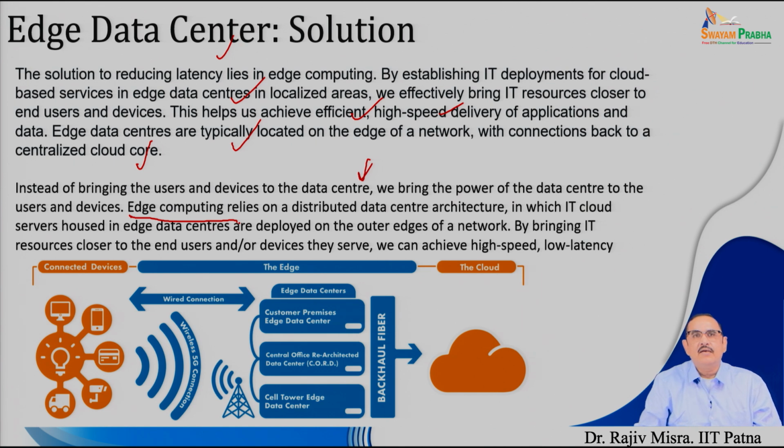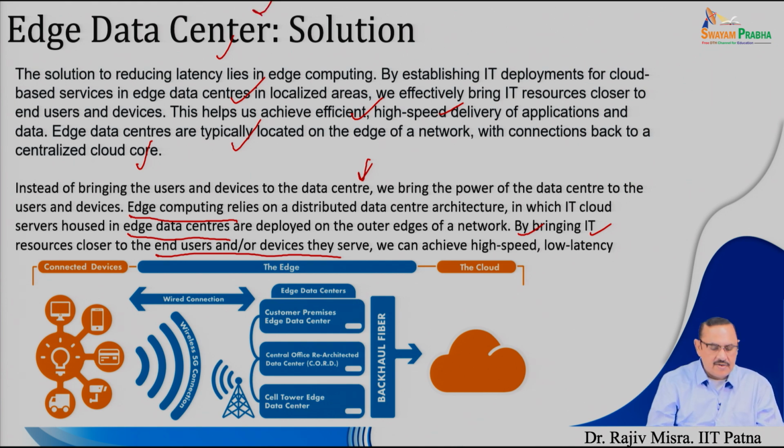Edge computing relies on a distributed data center architecture in which IT cloud servers housed in edge data centers are deployed on the outer edge of the network. By bringing the IT resources close to the end users or the devices they serve, we can achieve high speed and low latency. This is the principle behind the edge data center.